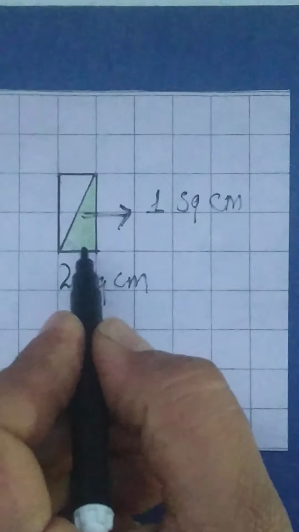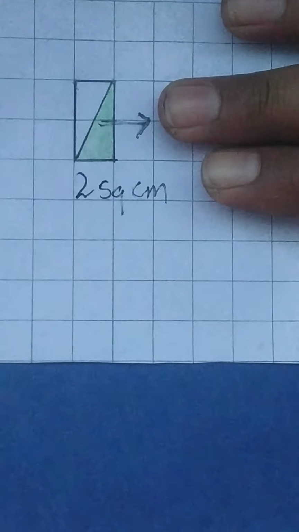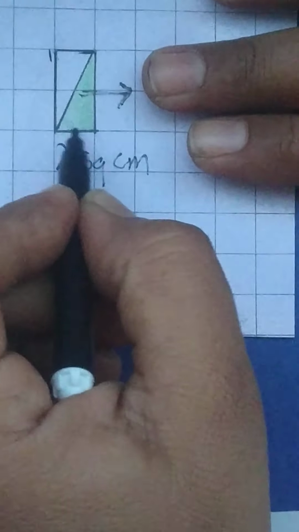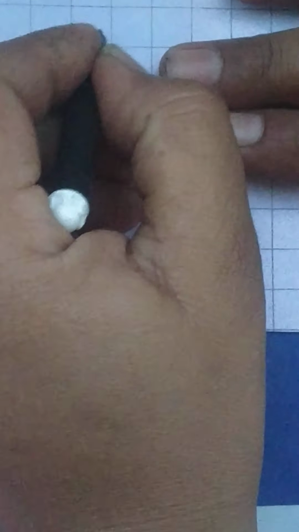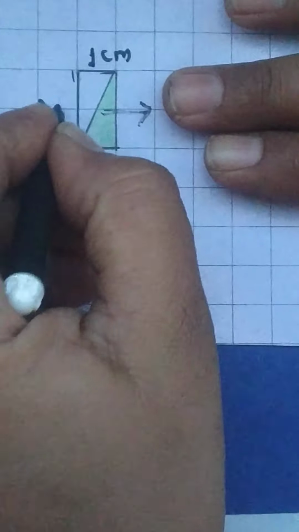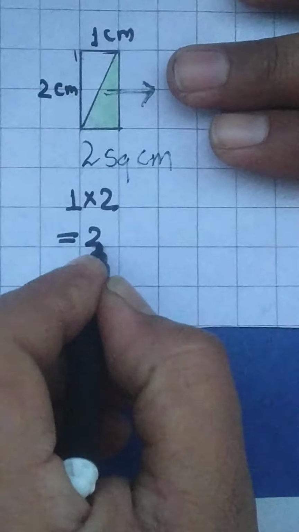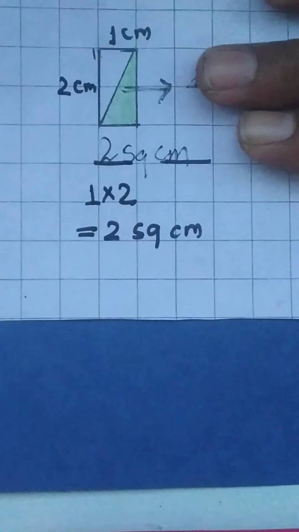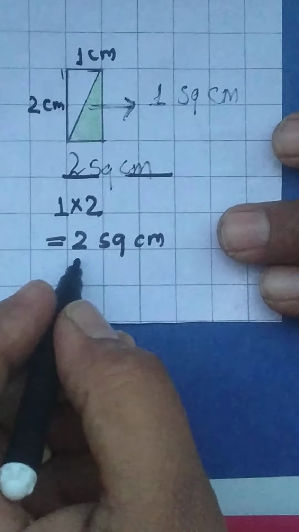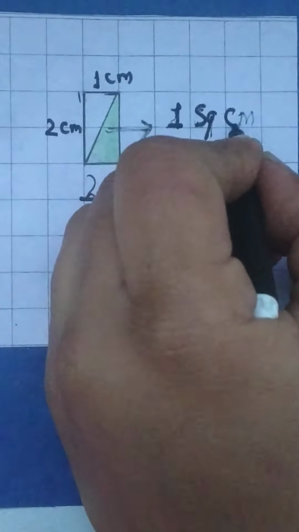Again, I am having this green triangle. So how can we calculate the area of this green triangle? First we calculate the area of this rectangle. It will be 1 and 2. This is 1 centimeter and this is 2 centimeters, and 1 into 2 will be 2 square centimeters. Half of 2 square centimeters will be 1 square centimeter.